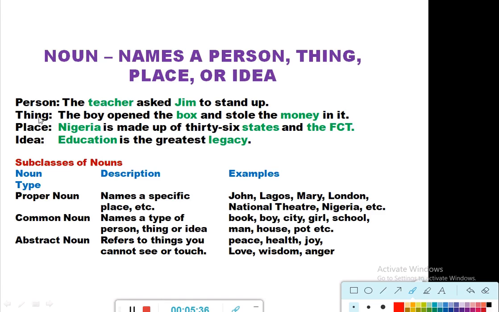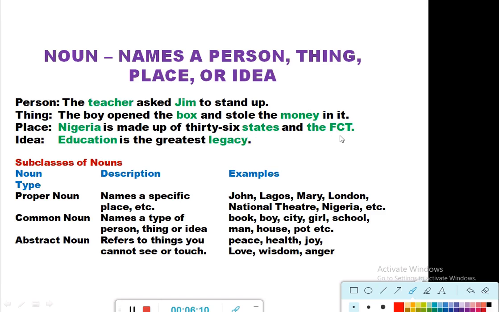Then, in naming a thing, we can say, the boy opened the box and stole the money. A box is a thing and money is a thing. In naming a place, we can say, Nigeria is made up of 36 states and the FCT. Nigeria is the name of a country. State is the name of part of a country, and the FCT is the name of the capital.